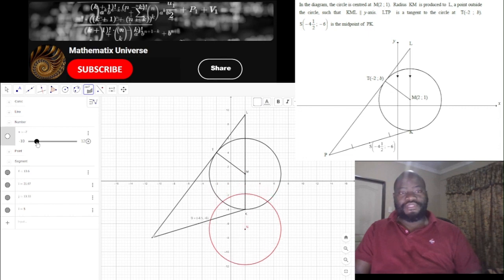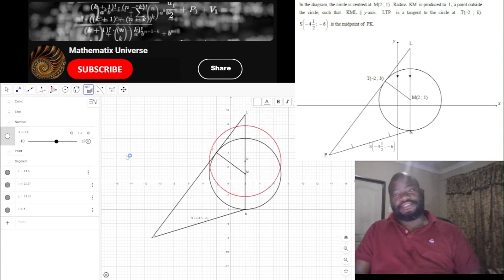So we want to know when exactly the circles touch externally, which value n must have. So I can press here to animate so that you can see how smoothly GeoGebra helps to visualize these things. As you can see, the circle is going up and down, and there's one point where the circles will touch from the outside.